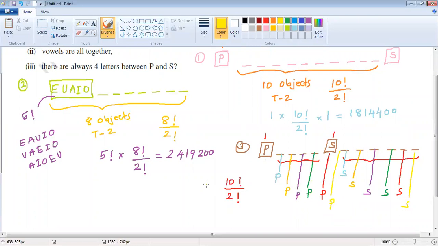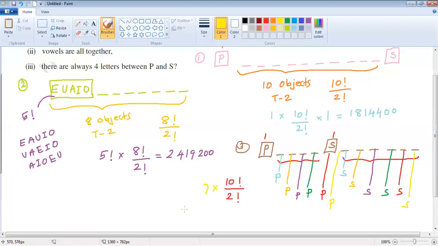So that means it is 7 into 10 factorial by 2 factorial. When P is in the first position and S is in the sixth position, that time itself 10 factorial by 2 factorial arrangements are there.